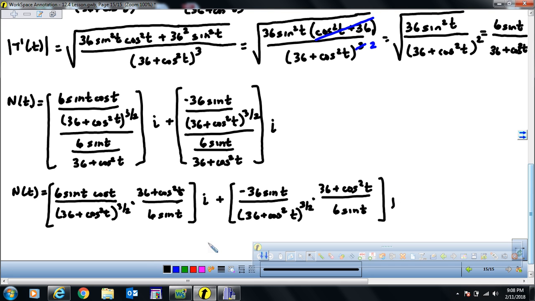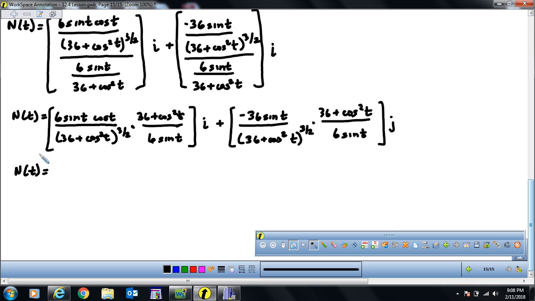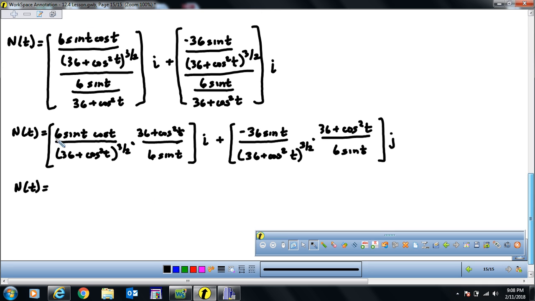So now let's reduce this to get the unit normal vector. Remember, this is the one that's going to help us find the center of the circle of curvature. The 6 sine of t reduces, and also one of these with one of these, so that's 1.5, so we're left with 1/2 on the denominator.